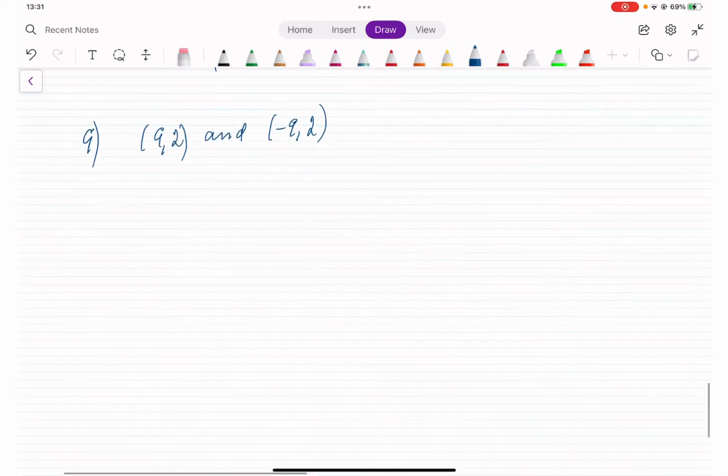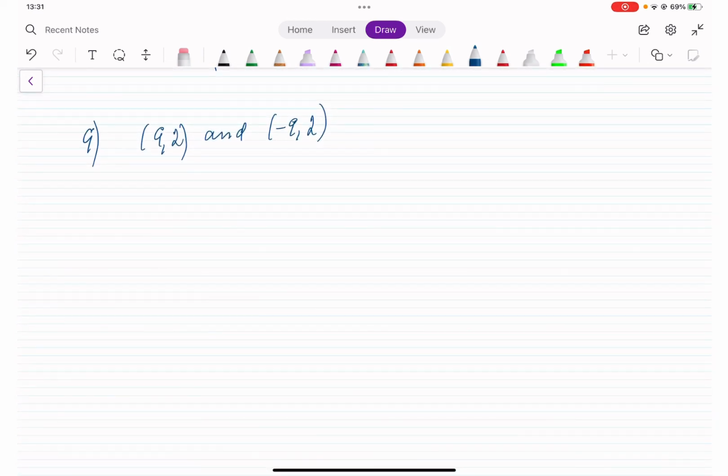The slope is equal to y2 minus y1 over x2 minus x1.